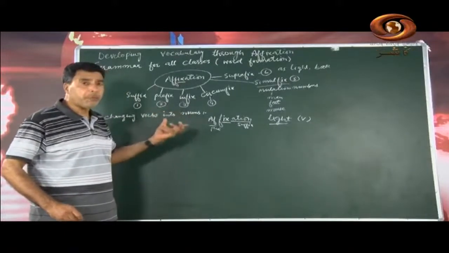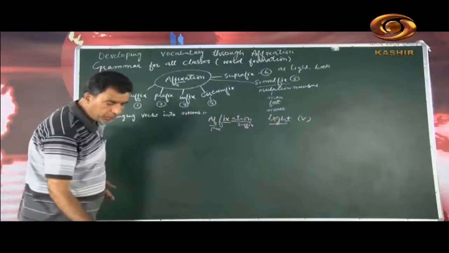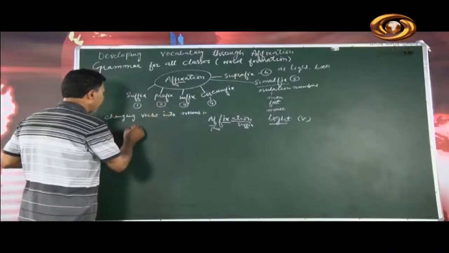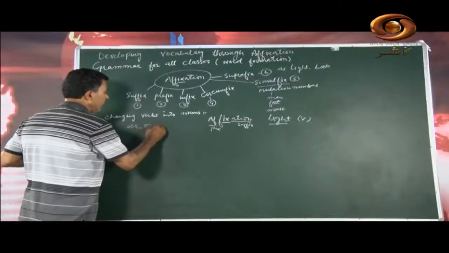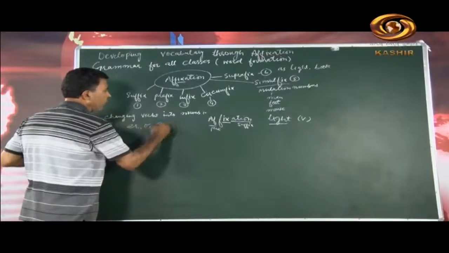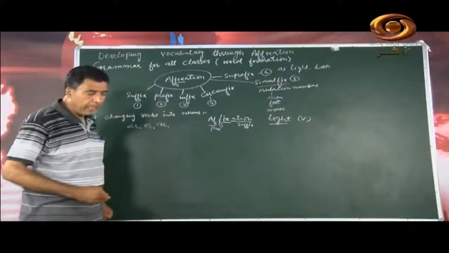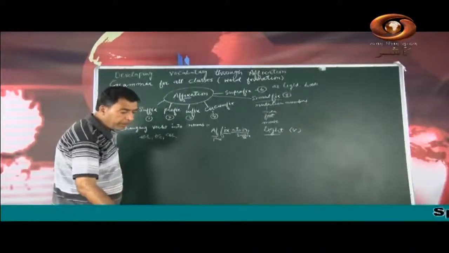So what is the formula? For example, I will write here some of the words that you need to know. If we add er, sometimes or, sometimes ar to a root word, I will give you the words later on, and then I will give you a verb where we can use it.